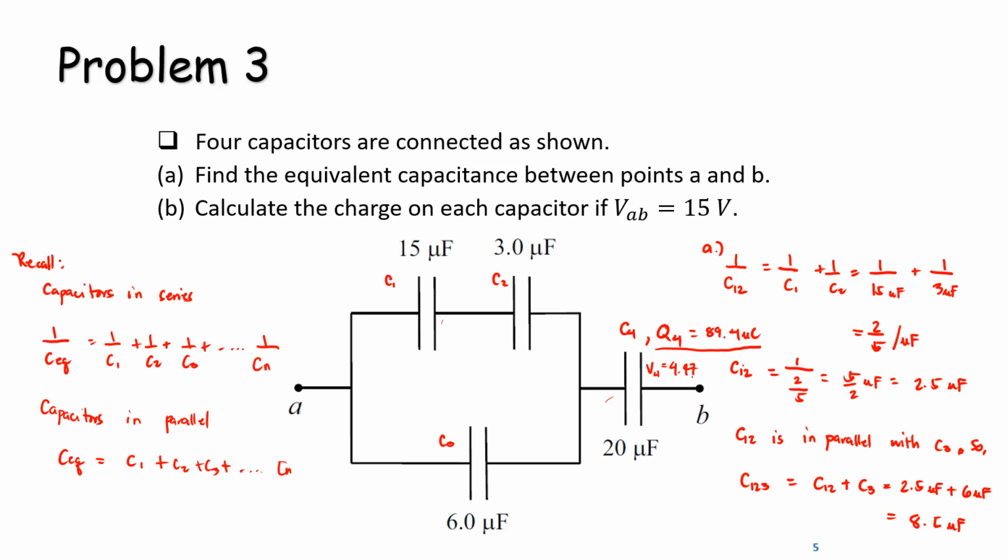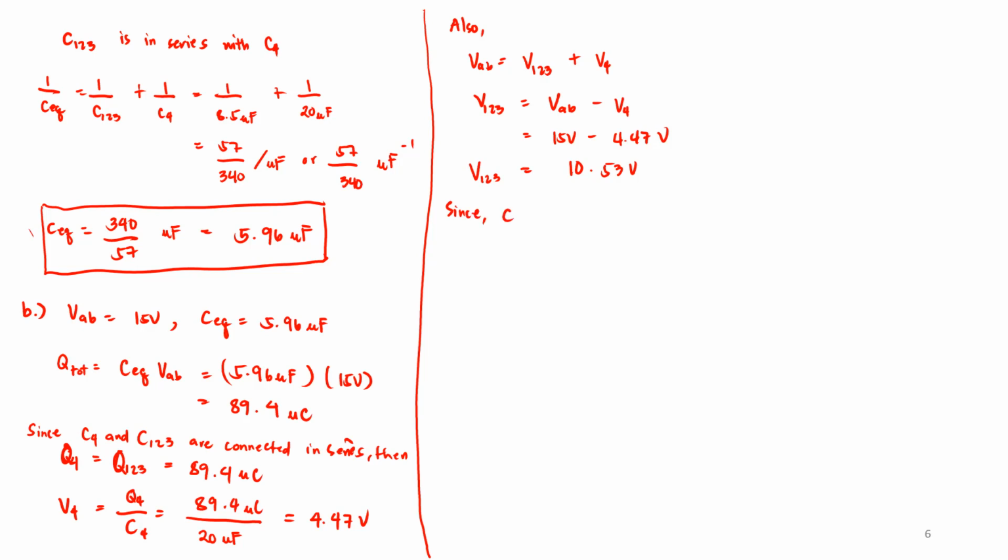So, if the voltage drop across C123 is 10.53 volts, then the voltage across capacitor 3 is also equal to 10.53 volts. Therefore, since C3 is connected in parallel with C12, V3 is equal to V12, which is equal to V123, which is equal to 10.53 volts.